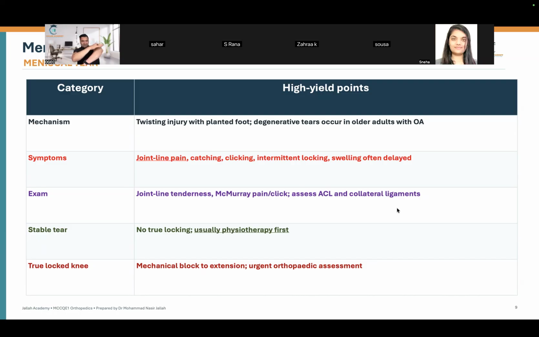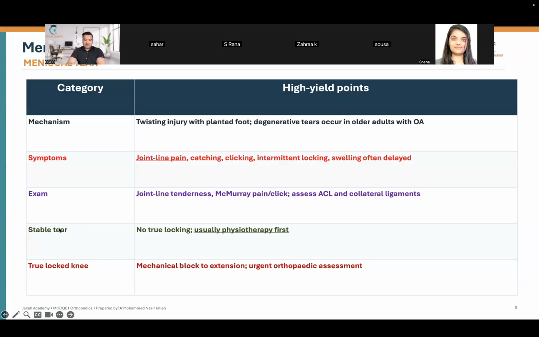If someone gets hurt in the knee and develops swelling right away, this is most likely the anterior cruciate ligament due to hemarthrosis. Let's say you have a soccer player running after a ball, he gets hit by another player and holds his knee, and within 1 hour his joint is swollen. This is anterior cruciate ligament until proven otherwise. I hope it makes sense. This is how you differentiate them.